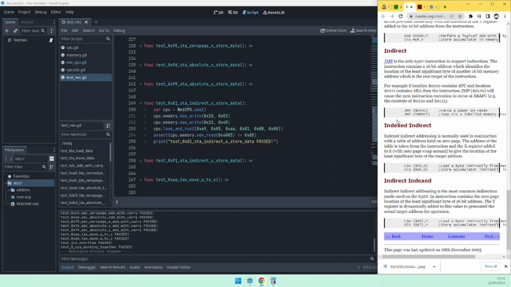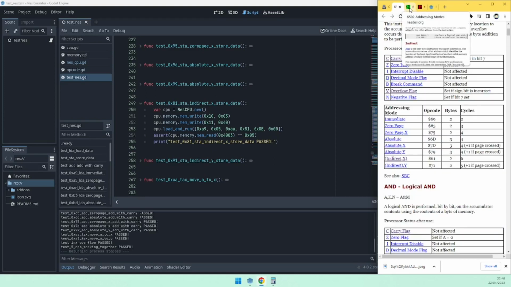So they are called indirect and indexed indirect. What does that mean?